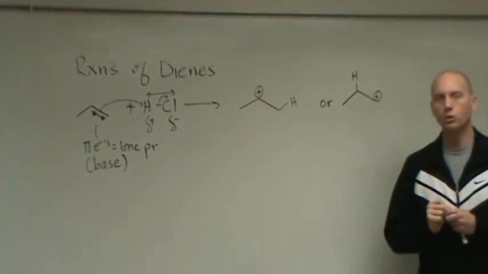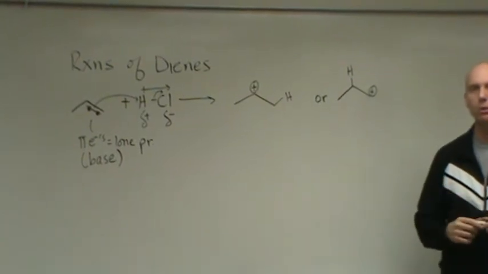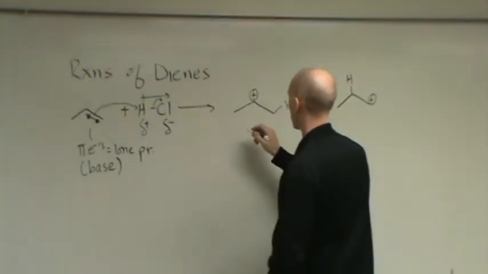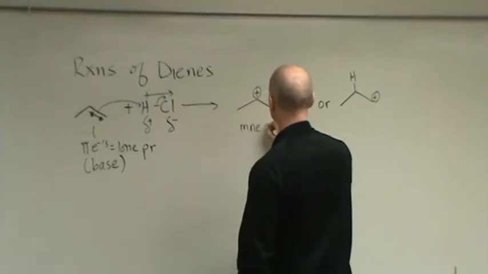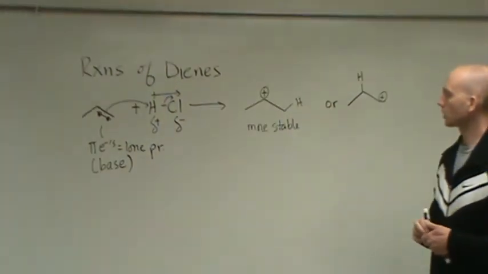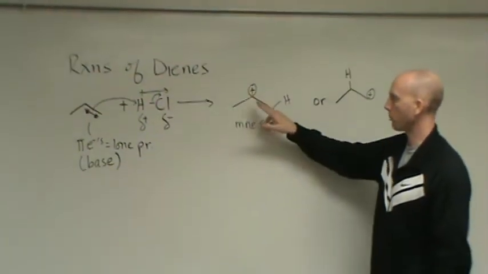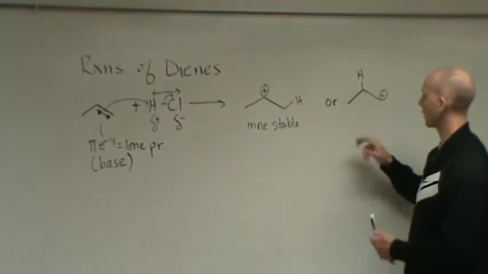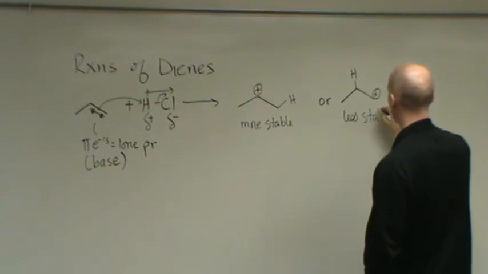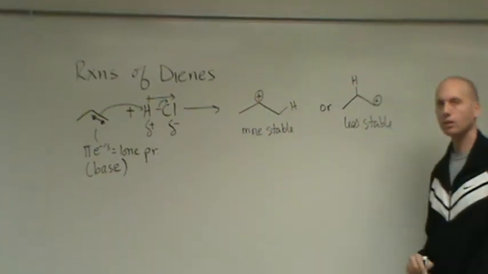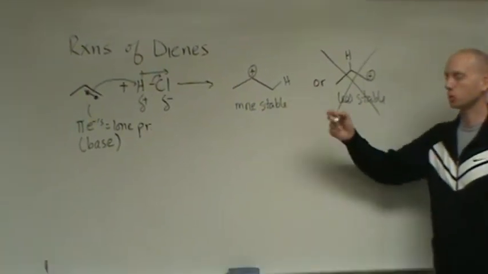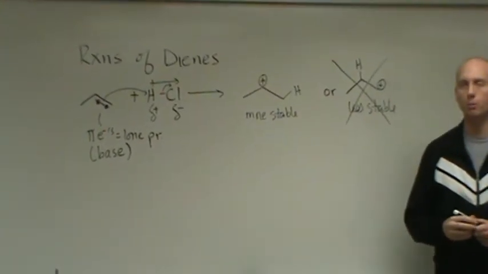Do you remember which of these two was the more stable one? Yes, it was the more substituted positive charge. And so the mechanism is going to go by this route and not this route. Okay, so we'll go ahead and cross this one off, and we'll stick with the more stable carbocation.